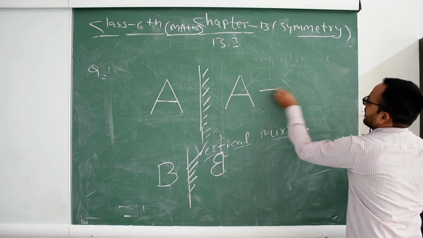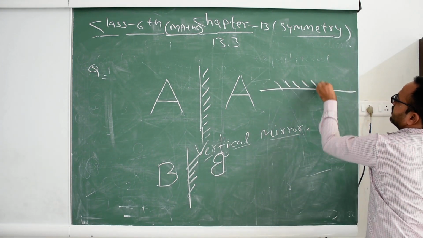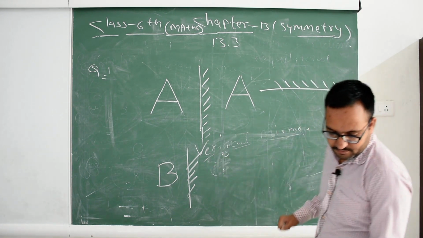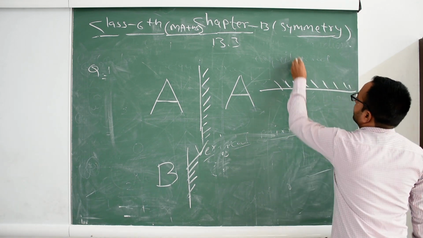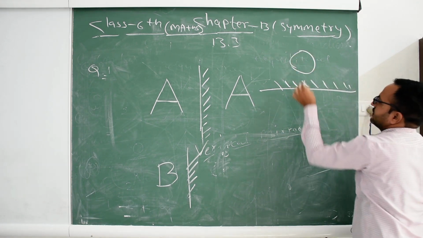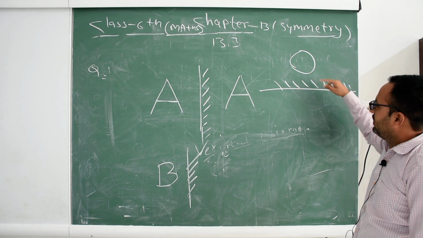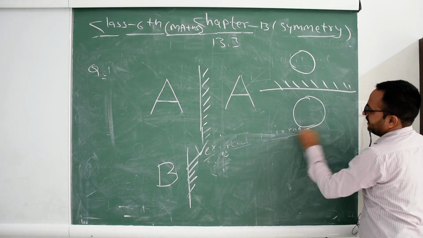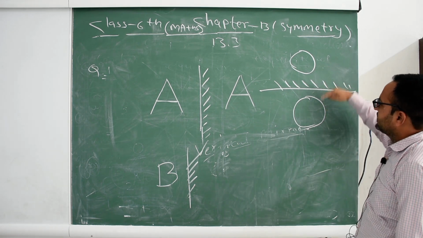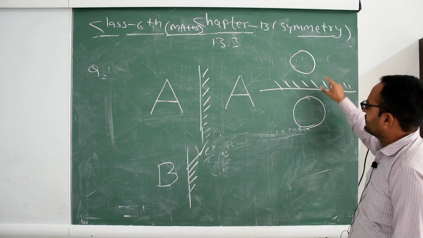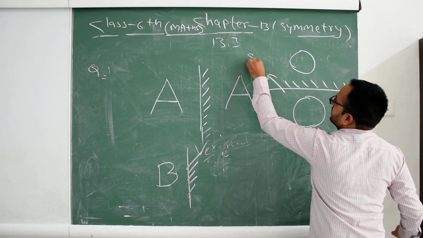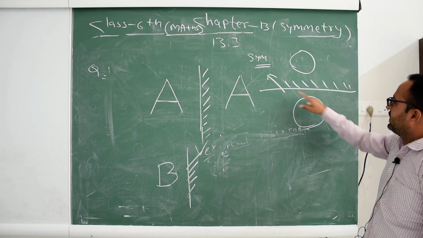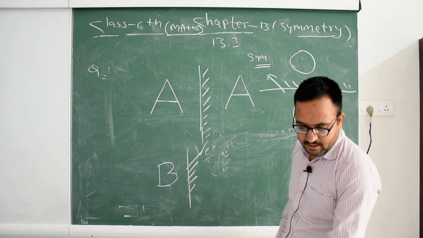Now we discuss the horizontal mirror. If we draw the letter O and put a horizontal mirror, the reflected image will be the same. O is a circle. So O is a symmetrical letter in the case of a horizontal mirror.